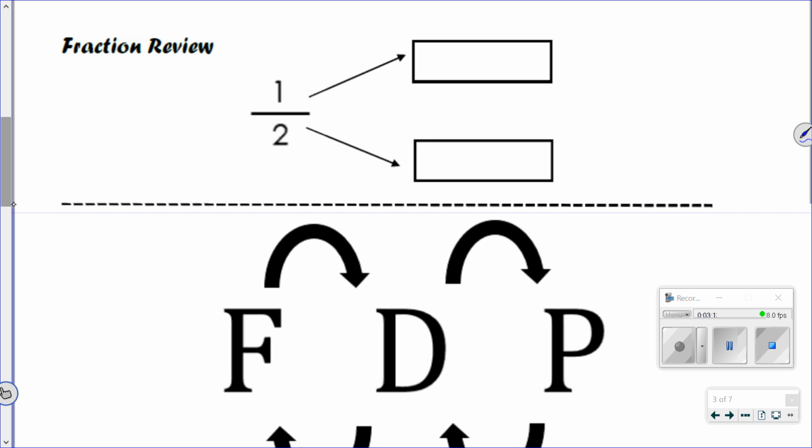All right, fraction review. What is the top of a fraction called? What is that number called? The numerator. And the bottom number of a fraction? The denominator. Any questions about the numerator and the denominator?